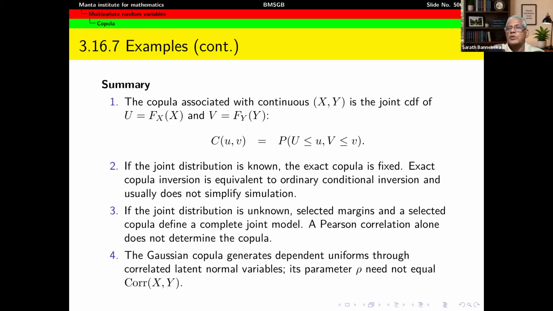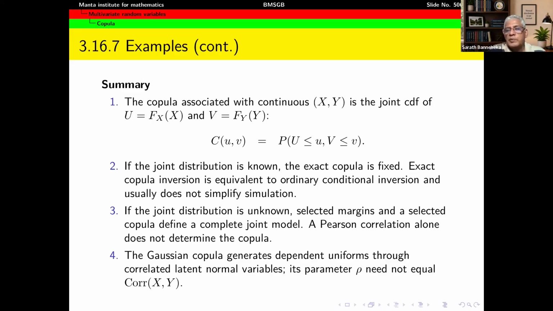If you know the marginal of X, you can get data from that distribution. Once you have the X value, you can generate the Y value using the conditional distribution of Y given X. So if you know the joint density function, you can easily do that, and we don't need a copula method.